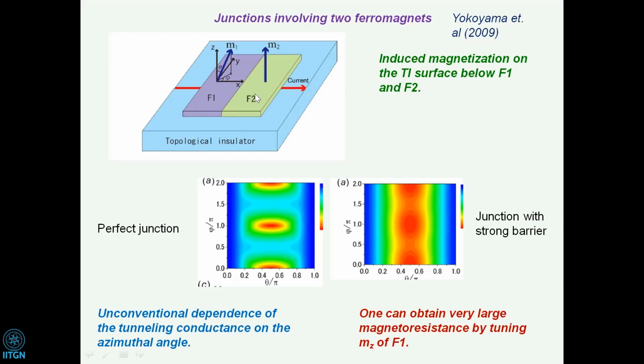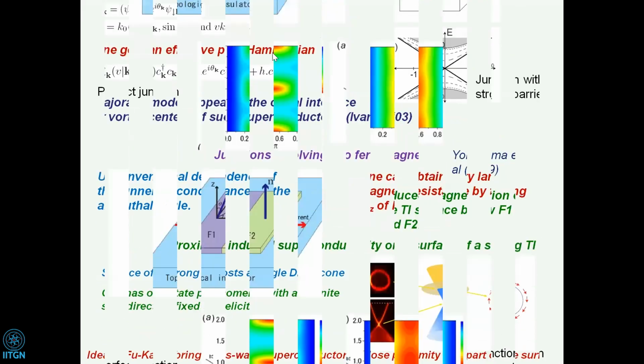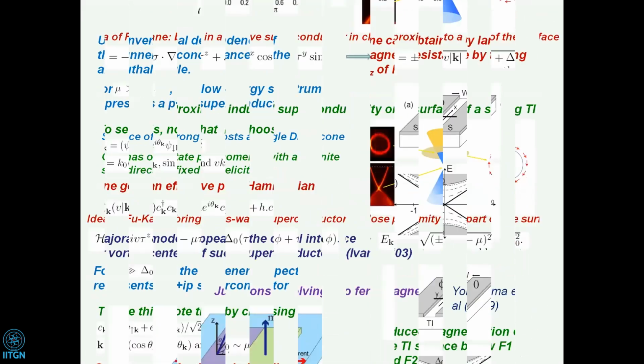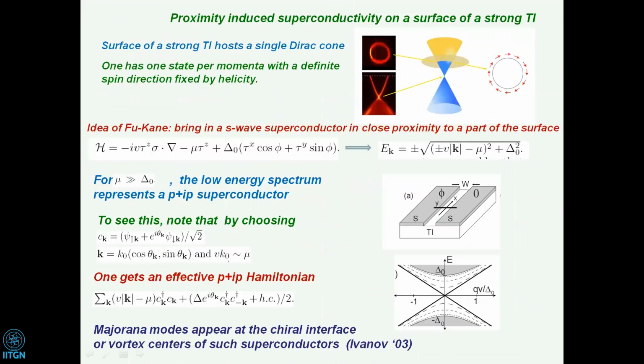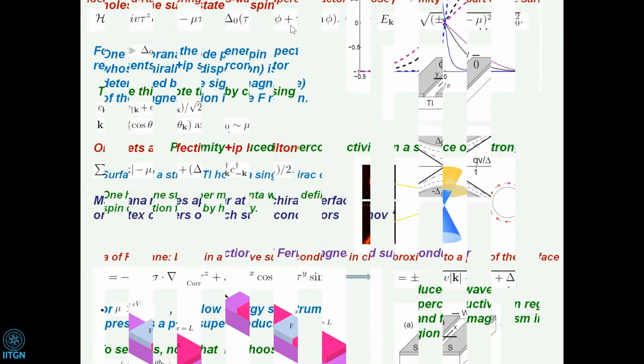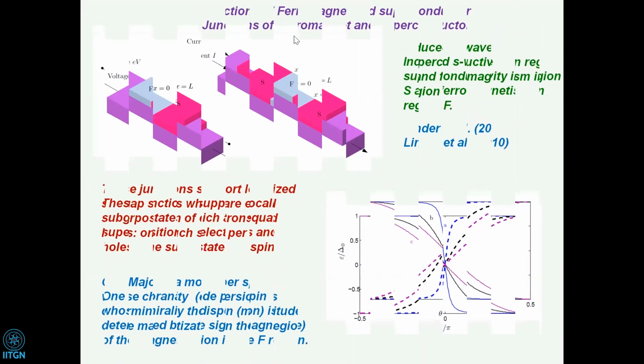Okay. So now what people did is to consider a geometry where you have this topological insulator surface and you put two ferromagnets on top, side by side. And the first one has a magnetization which is along Z, perpendicular to the surface. So it basically gaps out the Dirac electrons in this region.